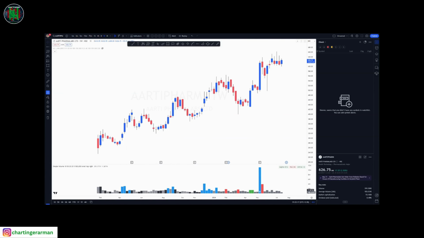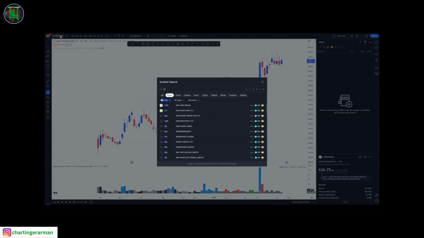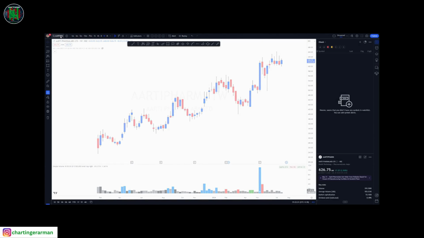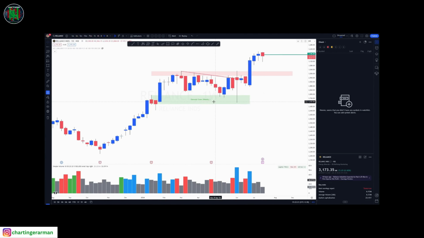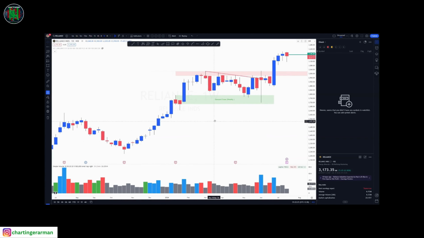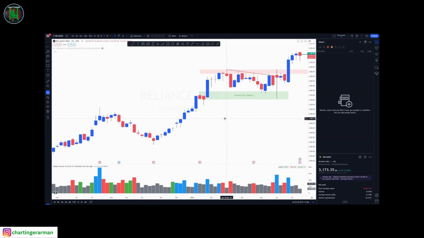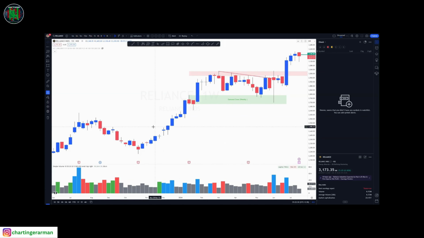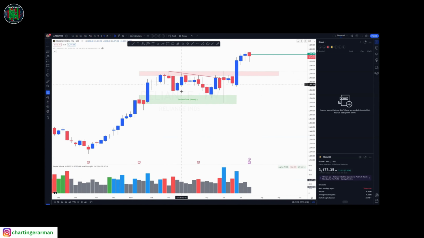I'll go through some stocks. Let's say we'll switch to Reliance to find out if there is any inside bar candle. Yeah, so I can find one over here.